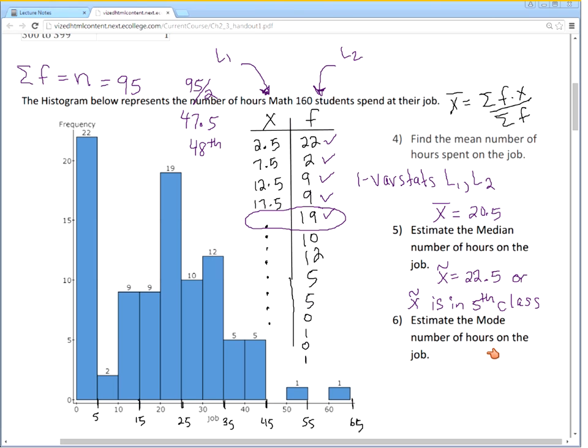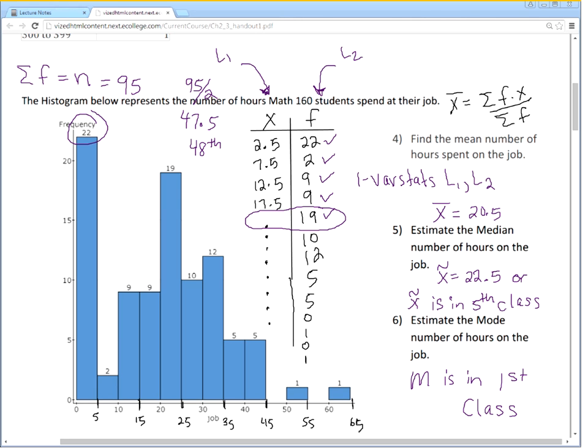Which class has the highest frequency? All right, the first one is the highest. So it's in the first class.